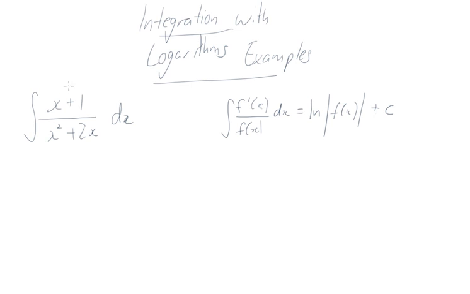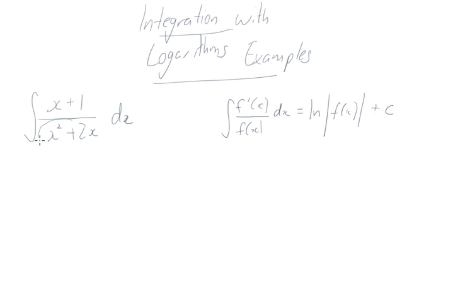So integrating this, if you're differentiating, you might be reaching for something like the quotient rule or a weird version of the product rule, but you can't really do that in integrating. Integrating is a little bit different. So log integration is a method you have available to you.